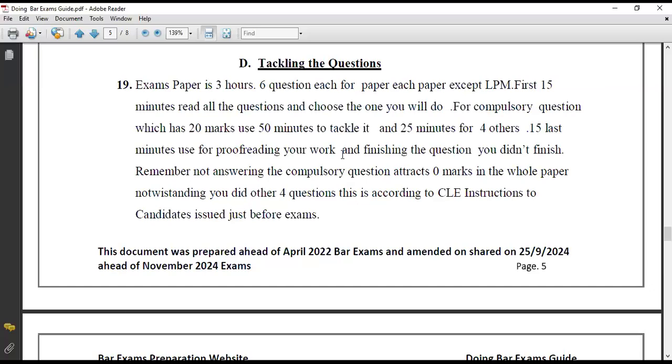If it is a question of 20 marks, you use 50 minutes. If it's a question of 10 marks, use 25 minutes. If it is a question of 5 marks, you use 13 minutes. So for this question you are supposed to use around 13 minutes, and you capture the content.